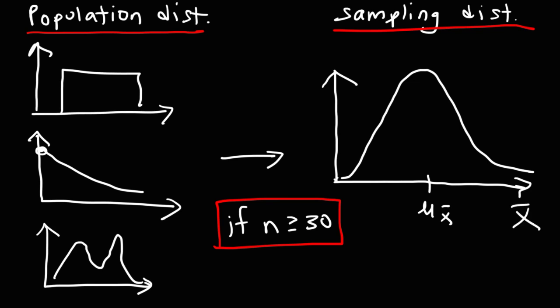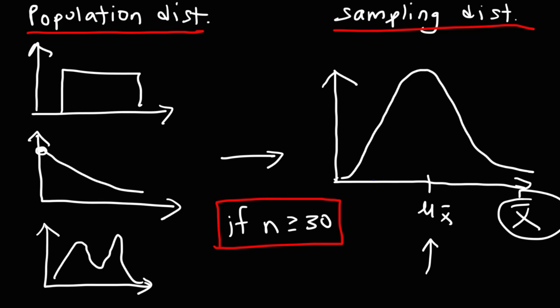Now, for those of you who are wondering what a sampling distribution of the sample means is, it's simply a probability distribution where the sample mean is plotted on the x-axis. Now, since the sampling distribution approximates the shape of a normal distribution according to the central limit theorem, we could use the z-table to make some probability calculations.